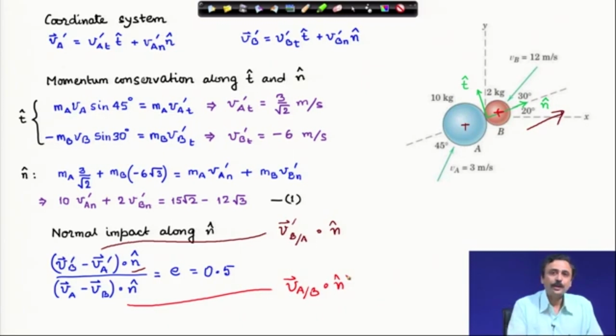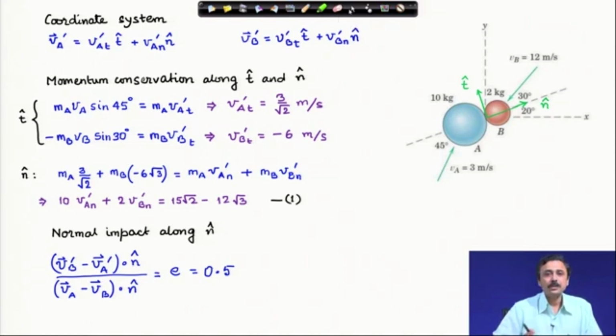Therefore, both numerator and denominator are positive quantities, therefore the ratio is positive, and the whole thing works out. Now, this has to be done carefully. If there is a problem with the sign, then you will end up getting wrong results. So, please be careful about this discussion.